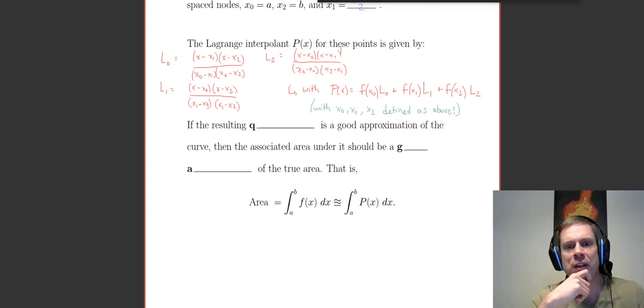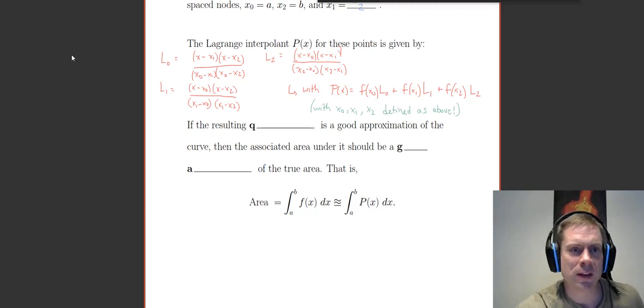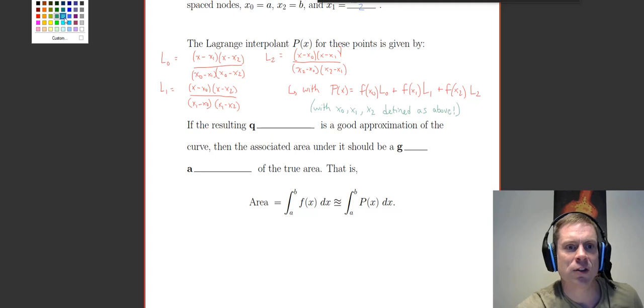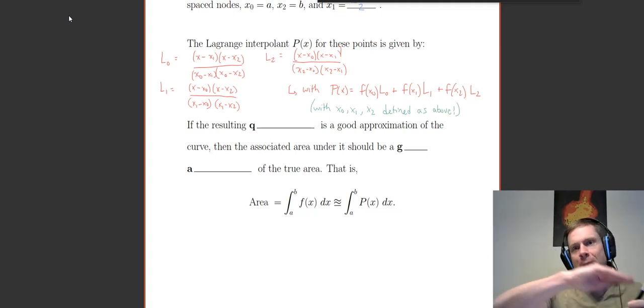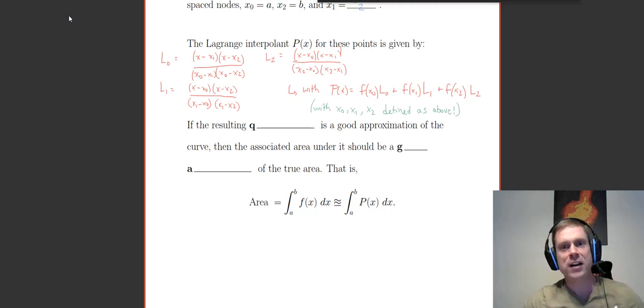And essentially the way that this is going to work is that the true area underneath the curve, thinking of those definite integrals in terms of area, is going to be, well, if the parabola well approximates the curve, then the area underneath the parabola is going to well approximate the area underneath the curve, the true area, right?